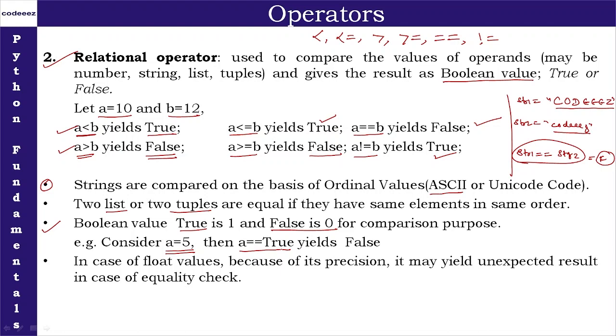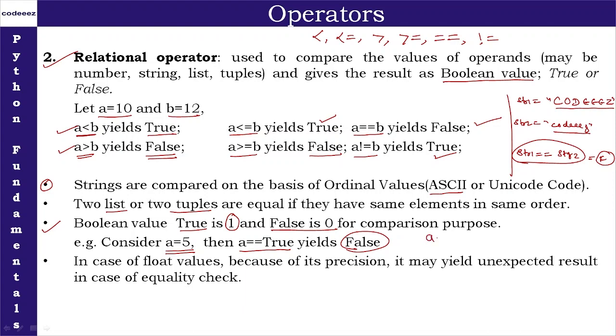Of course, the value of a is non-zero, but it will not be equal to True. It will give you the result false. Why? Because 1 is treated as true, not 5. Not any non-zero number is treated as true. Only 1 is treated as true, right? So here the result will be false.